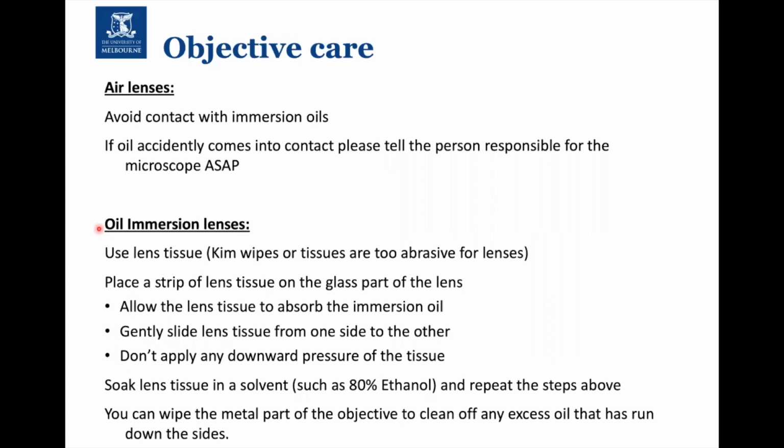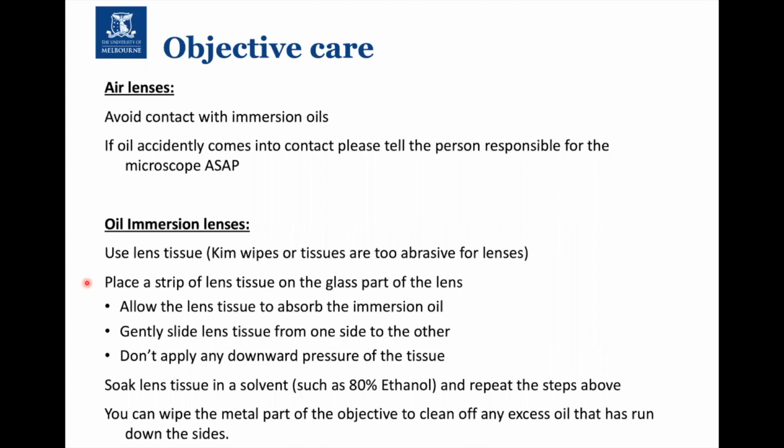In terms of cleaning oil immersion lenses, then please use properly designed lens tissue for doing this. If you're using Kim wipes or tissues, then you risk damaging the front part of the lens. So we normally suggest that you place a strip of lens tissue on the glass part of the objective and just leave it there to absorb the majority of the immersion oil. Do that 2-3 times until you've picked up most of the immersion oil.